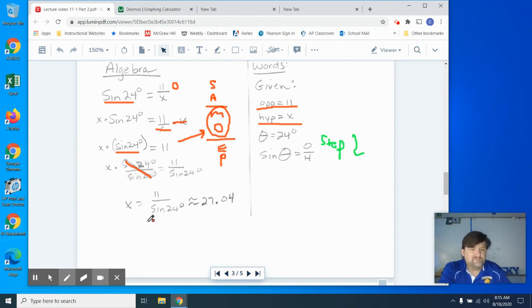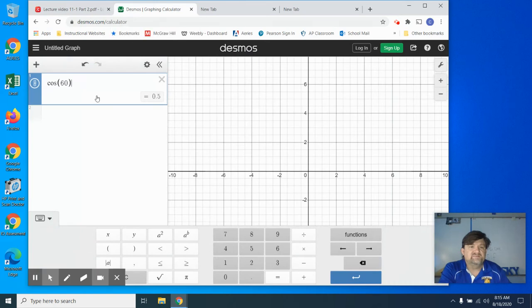So I take this piece right here and I just go back to Desmos. Let me click on the pointer here and go back to Desmos. I'm going to backpedal because I can't remember what it was.